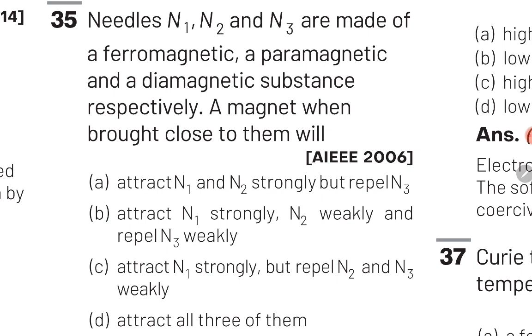And guys, for a diamagnetic material, individual magnetic dipoles are aligned in opposite direction to external magnetic field, resulting in weak repulsion. So guys, the correct answer for this question will be option B. N1 will be attracted strongly, N2 will be attracted weakly, and guys, N3 will experience weak repulsion. So with this, we have completed this question. Let's move ahead to the next slide.